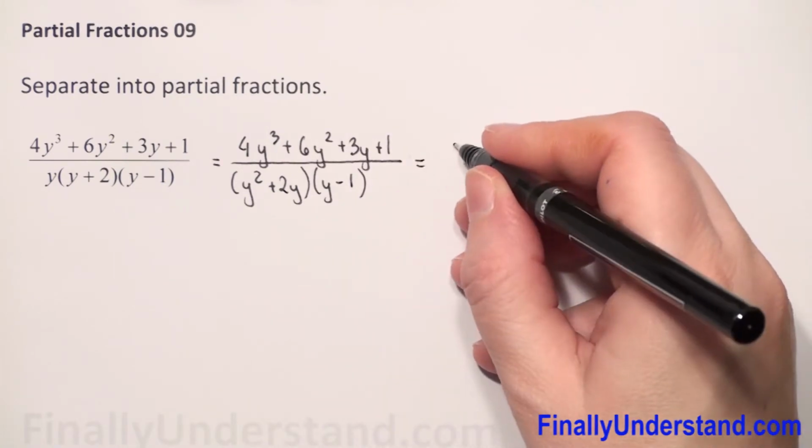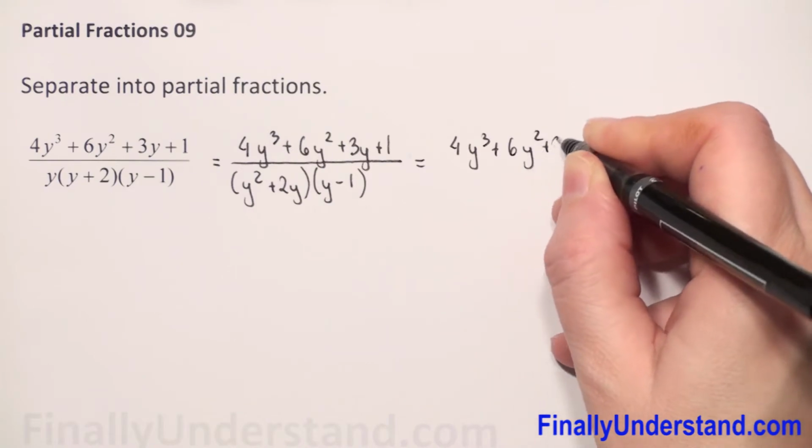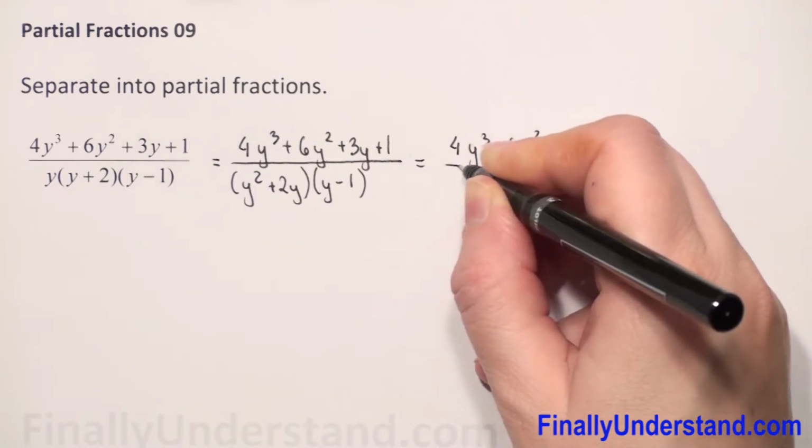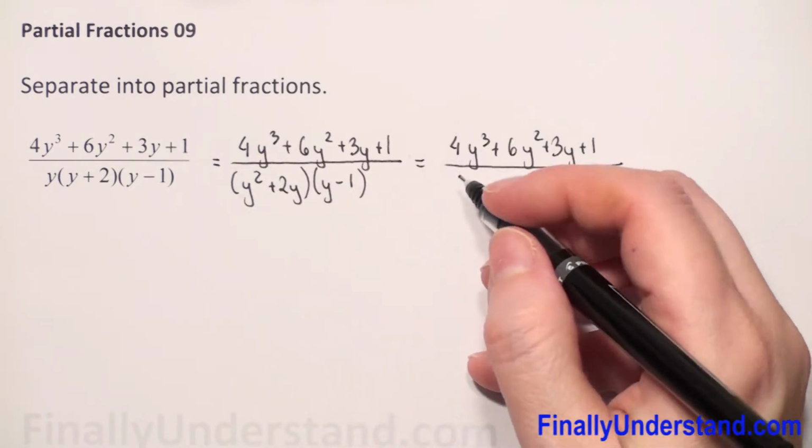So again we will copy the numerator over, and now multiply every expression in the first parenthesis by every expression in the second parenthesis.